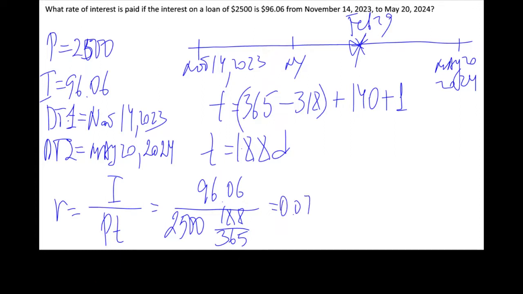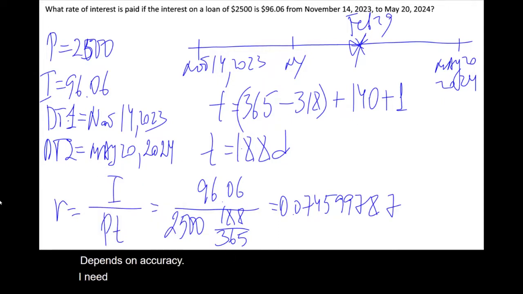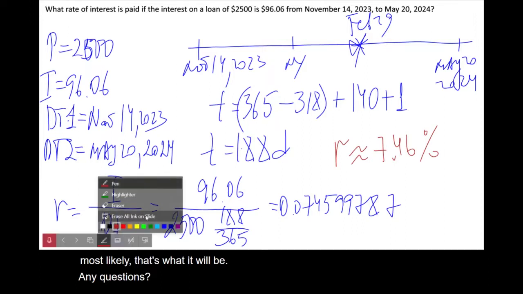I have 0.074599787, and depends on accuracy I need, most likely the answer will be 7.46%. Most likely that's what it will be. Any questions? Okay.